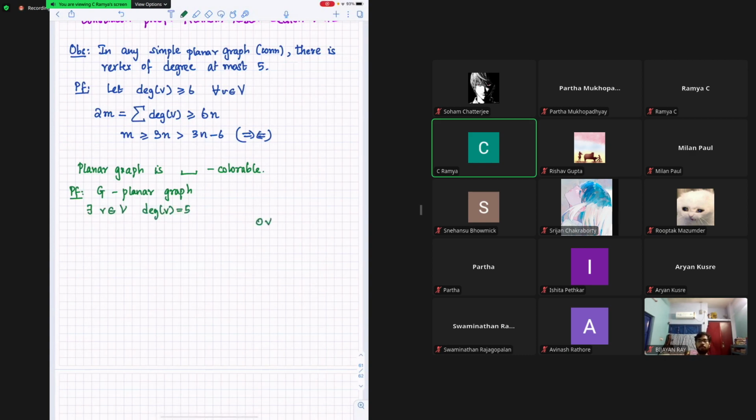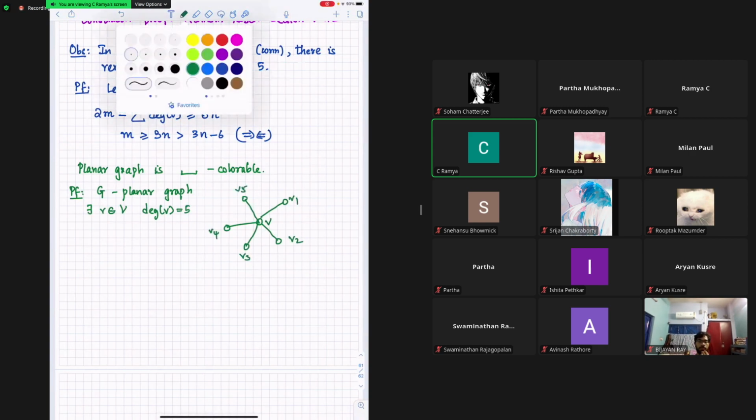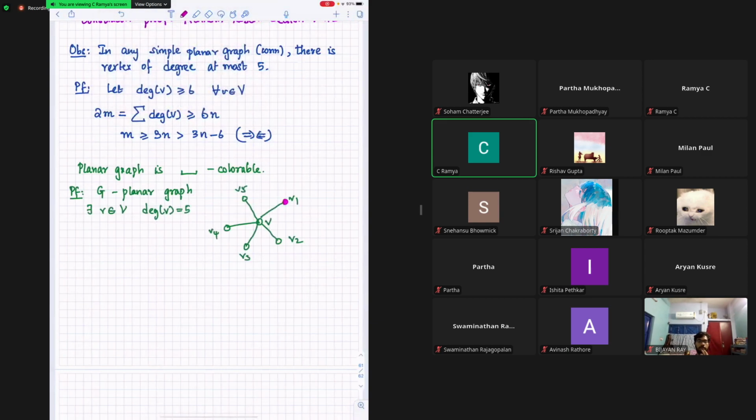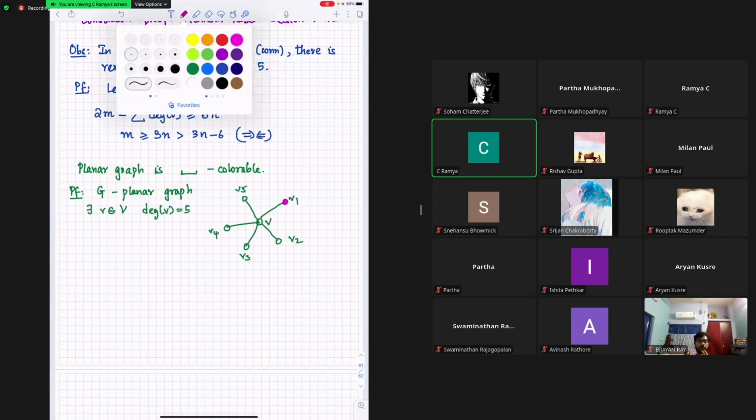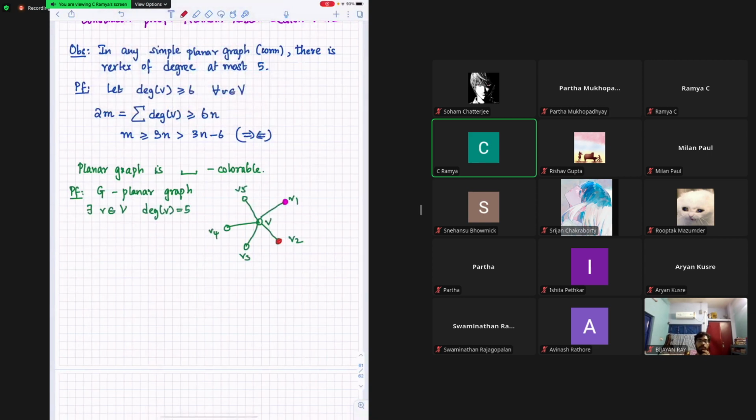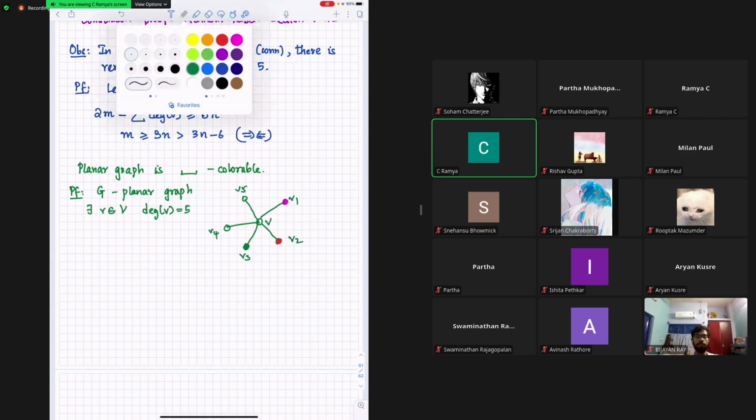Let's look at this vertex. It has 5 neighbors because its degree is 5. And it might be the case that you may have to give different colors to all of them. They may all be adjacent. Whether this is possible, we need to see, but I'm just going to give some colors.